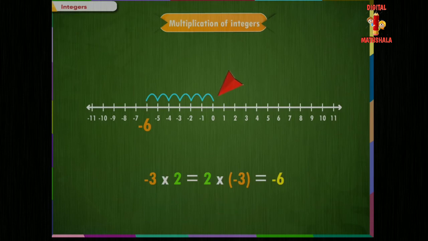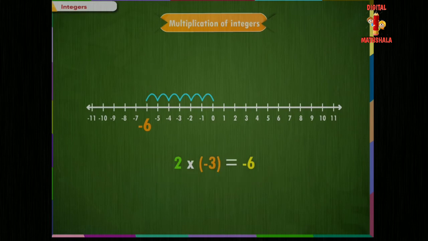We start at 0 and add minus 3 once, and then once again. We reach minus 6. Thus, we can say that 2 into minus 3 is equal to minus 6. Also, minus 3 into 2 is also equal to minus 6.